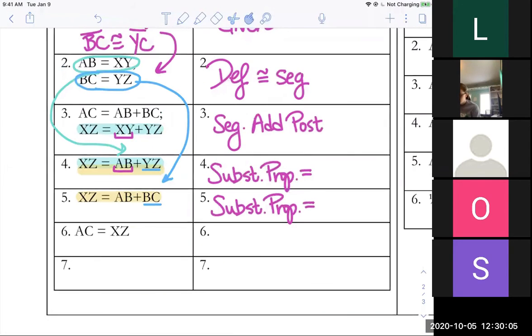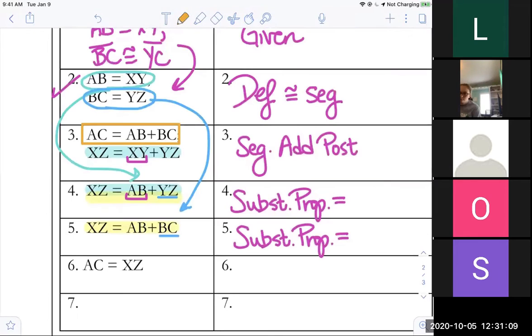Okay, number 6. So it looks like we've used all of step 2 now, but there's still part of step 3 we have not. Number 6, AC equals XZ. The equation in 3 and the equation in 5. Is it transitive property? Okay, tell me why.